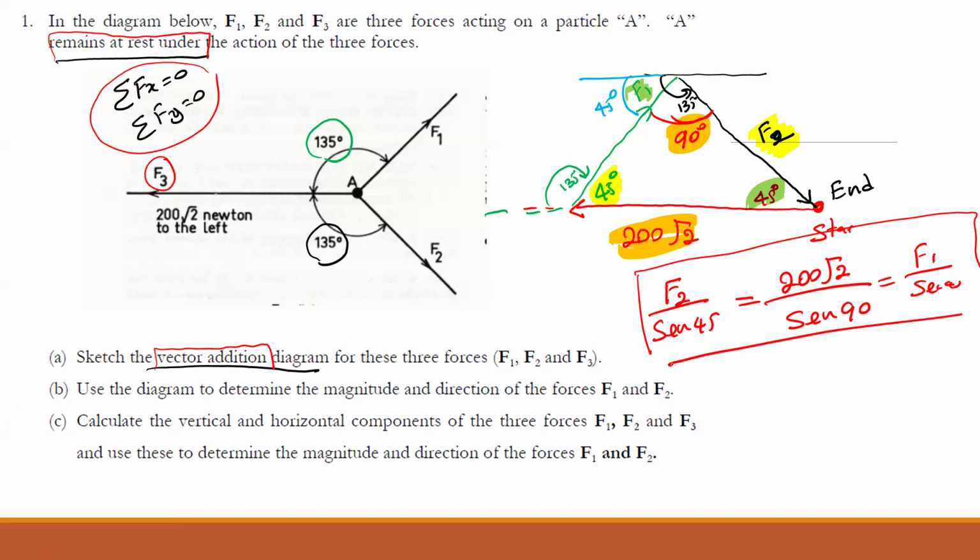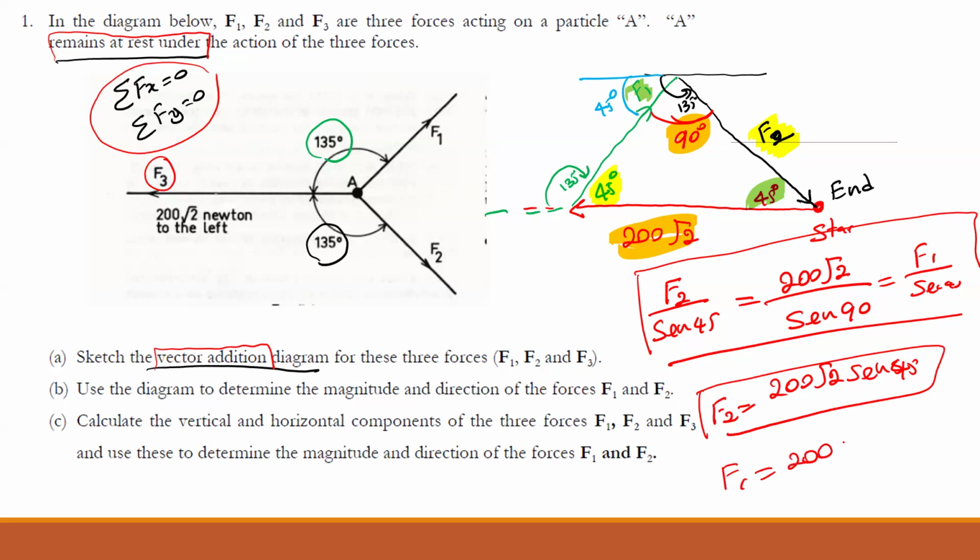Guys, the sine rule can be applied to any triangle. It's okay if it is a right angle triangle. This is a right angle triangle, so it's true for a right angle triangle as well. So we can say F2 is equal to 200 root 2 sine 45 because sine 90 is 1. And F1 is again equal to 200 root 2 sine 45. So both are the same.